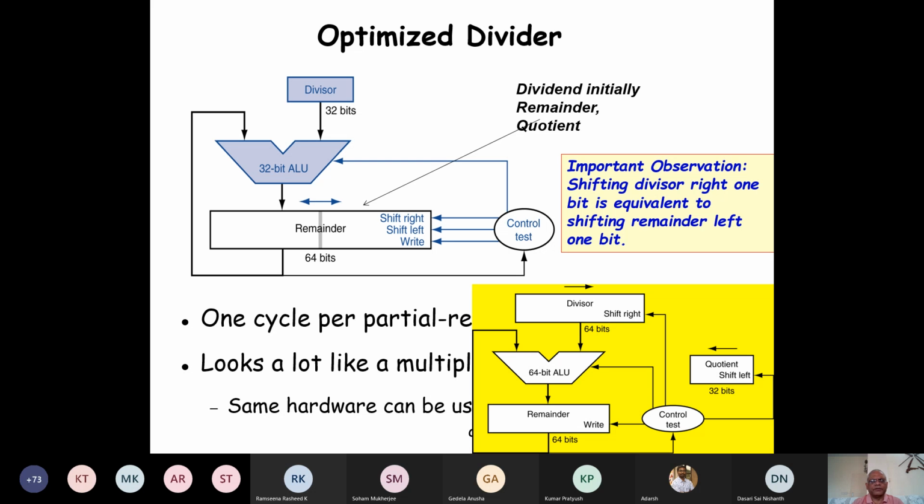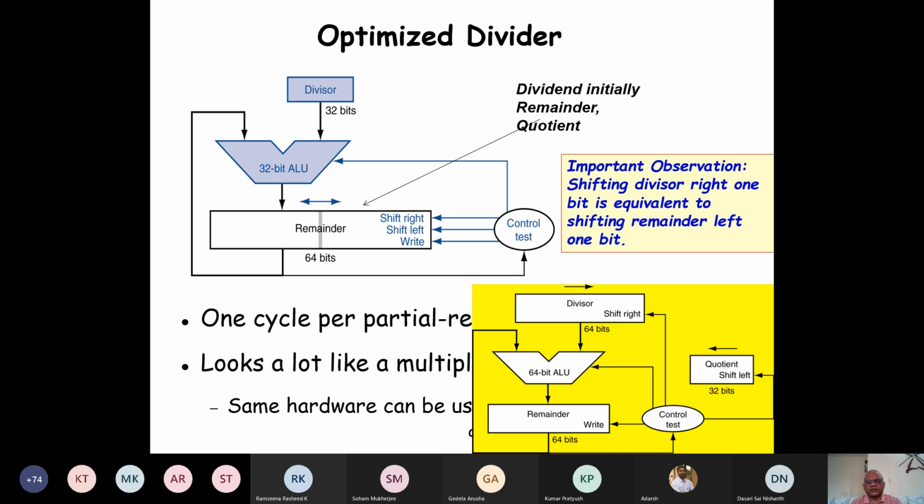Now let's look at the optimized divider. One important observation we need to make, just like in the multiplier, is that instead of shifting the divisor right one bit, we may as well shift the remainder left one bit. They are the same thing.